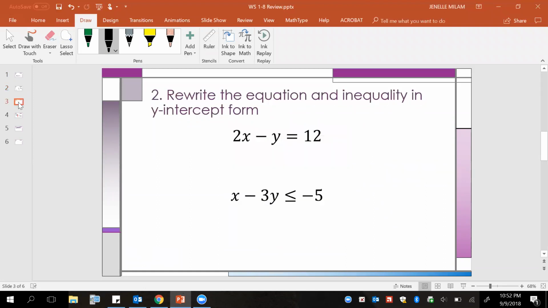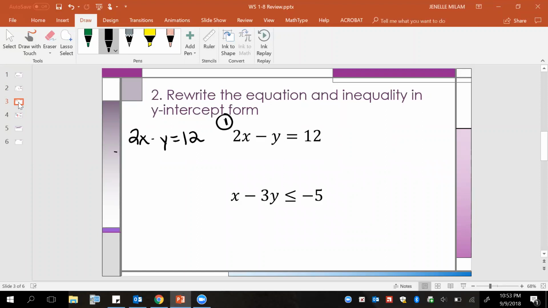The next one, we've got two equations. You do need to make sure you know how to solve. I talked a lot with one of my classes about how we always subtract x, divide by y, and that's the biggest thing. So we're going to take this first equation and solve it for y, so we want to put it in y-intercept form. We've got 2x minus y equals 12.